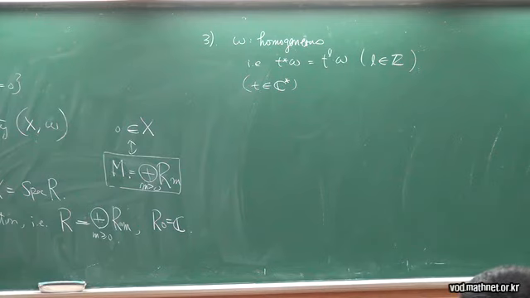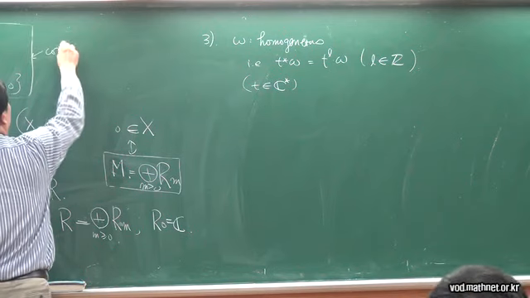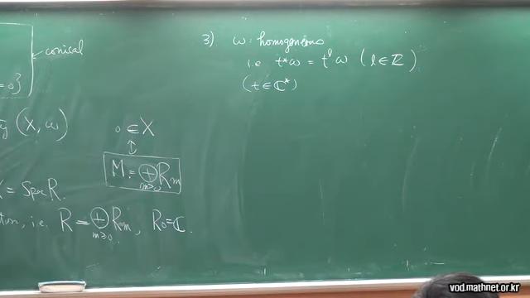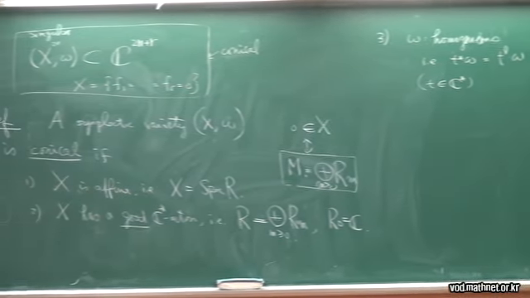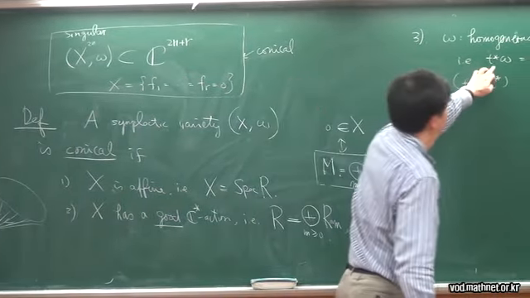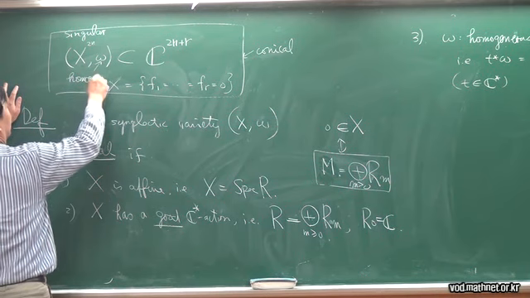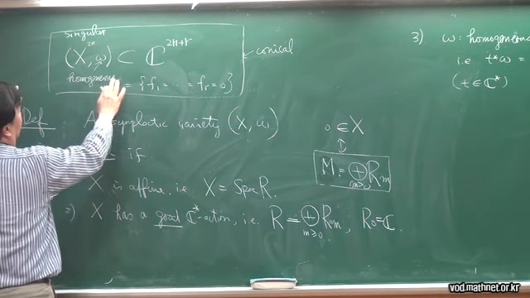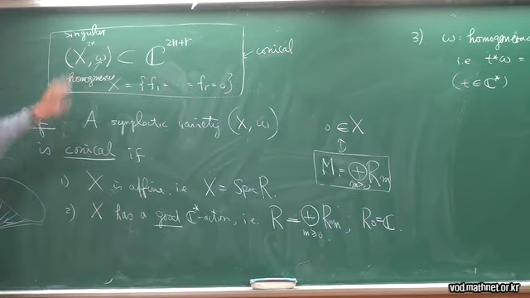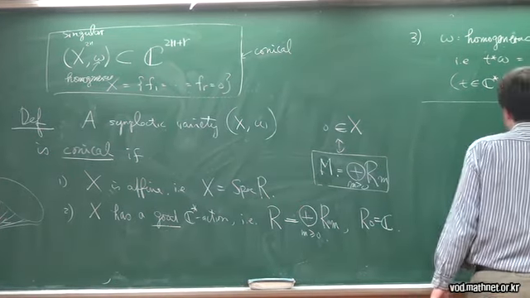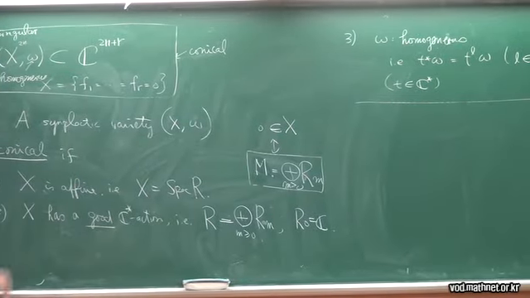Of course, this one is conical: it is affine, and it has a natural scalar C-star action, and omega is homogeneous. So this is conical.